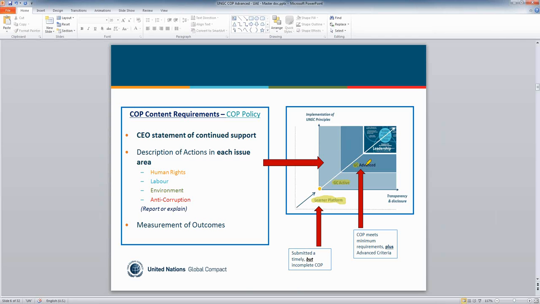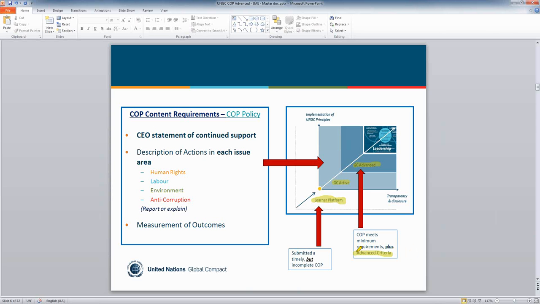Now, an advanced COP, a report that achieves the GC advanced level, is one that not only meets all these three minimum requirements, but goes even further and fulfills advanced criteria. We're going to talk a lot about these advanced criteria in this webinar.